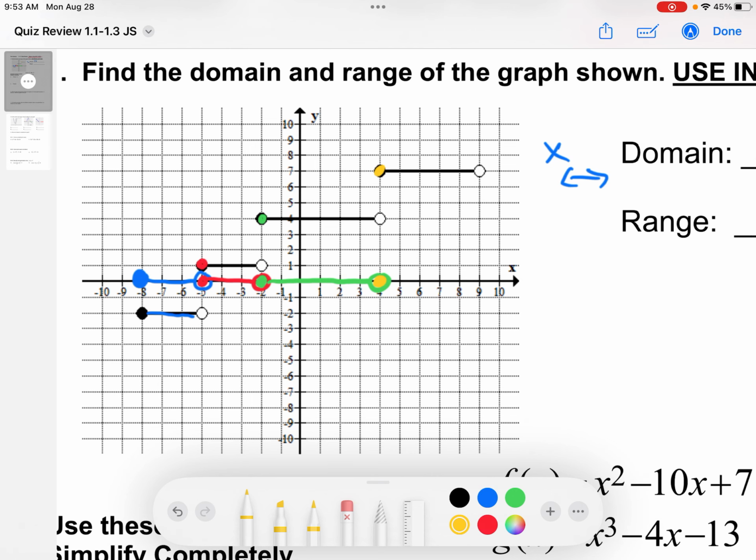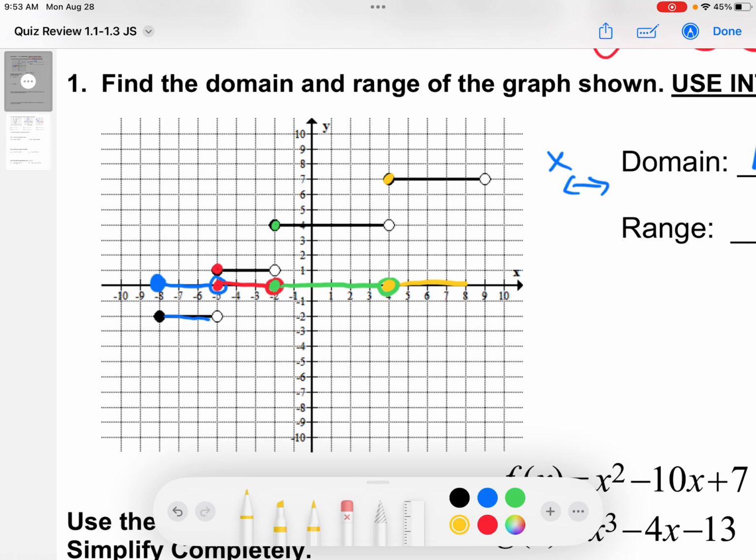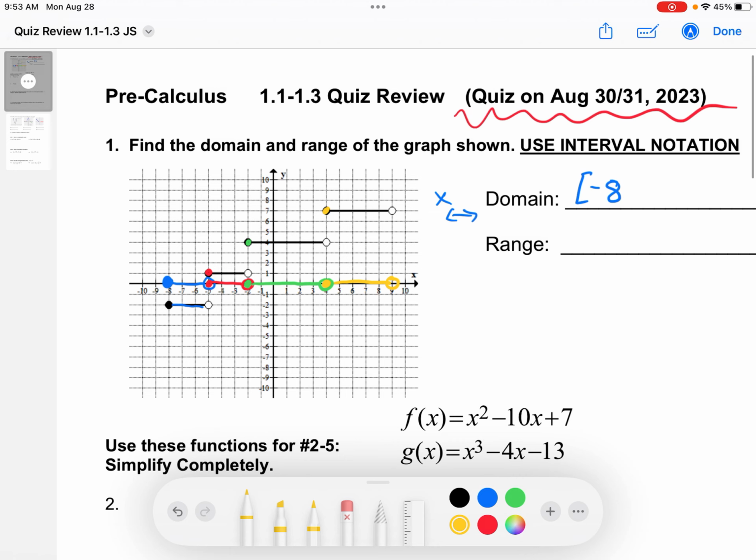So again, there is no break in the domain at 4. And we go until x equaling 9. And there is an open circle on x equaling 9. So from -8 with a bracket, comma, 9, close a parentheses, there is no break in the domain.